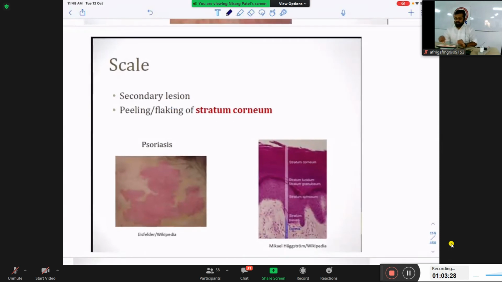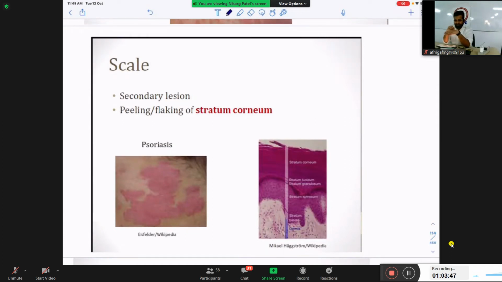What is a scale? You all know when we have a superficial fungal infection, we generally itch. And when we itch, what will happen? The superficial skin will come out. When we have a fall, after some days there is a superficial scab, right? And this scab will come out.